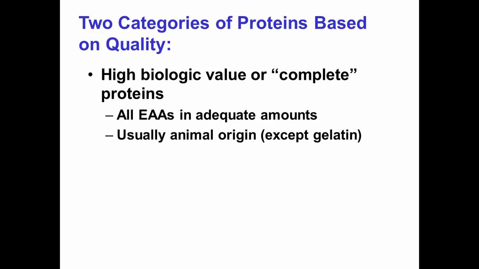So we have vegetable proteins that are complete. Anybody have any ideas what vegetable proteins are considered complete or high biologic value? Yes, I'm hearing it. Soy, right? Soy's the best example I can think of. I believe quinoa is also thought to be a complete protein. I have not totally looked this up lately, so if anybody knows of any others that you've looked at, throw them out there.